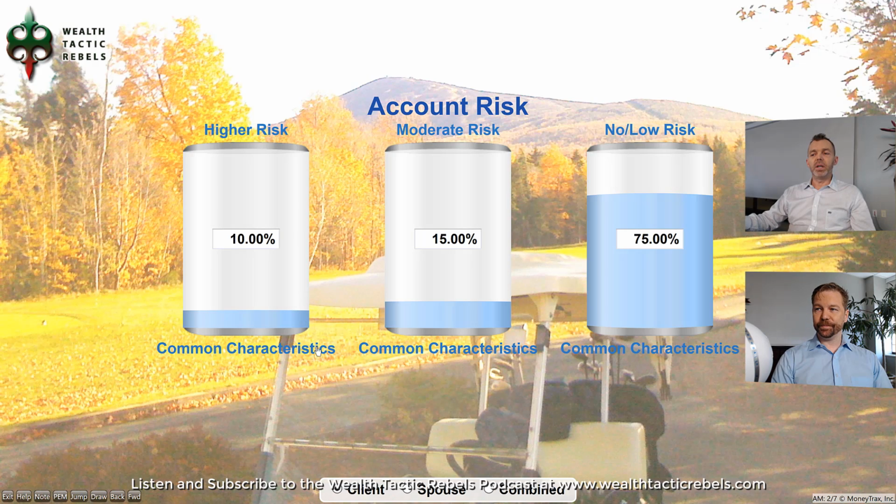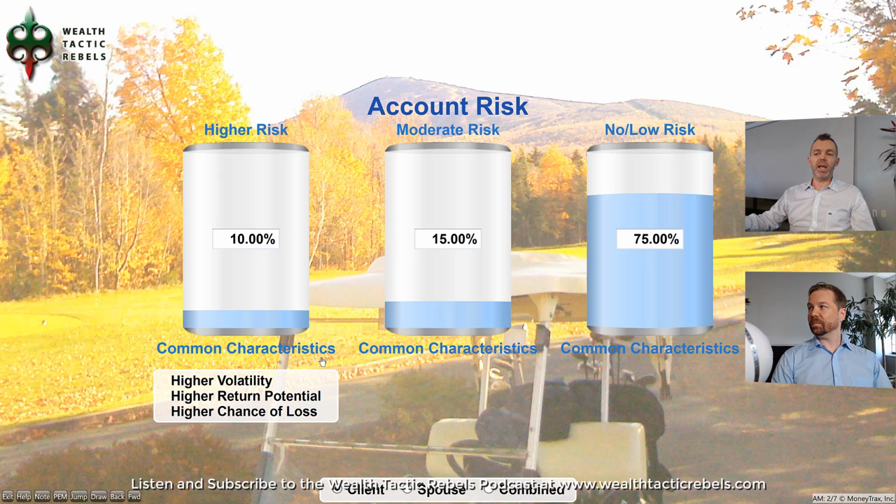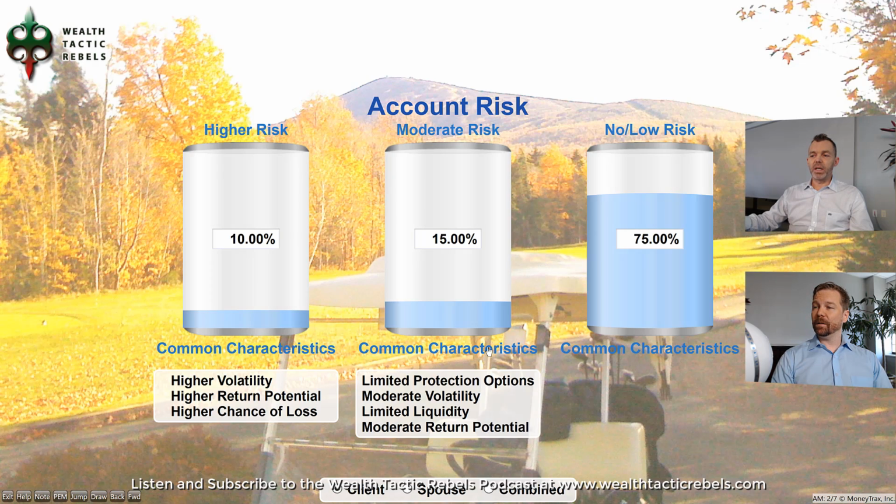Now, in terms of characteristics, these are some of the things that would associate with these buckets. The high risk would be quite volatile, meaning it's up and down. There is a potential for return, and certainly a lot of potential for loss as well. The moderate risk bucket has limited protection options, moderate volatility, limited liquidity, and moderate return potential.